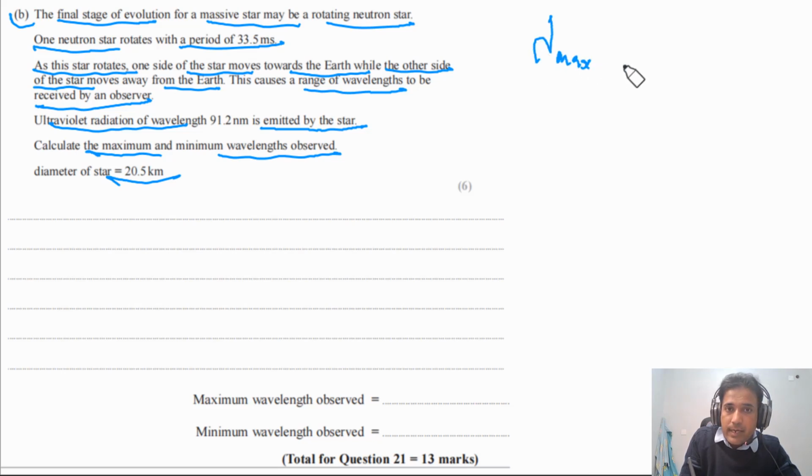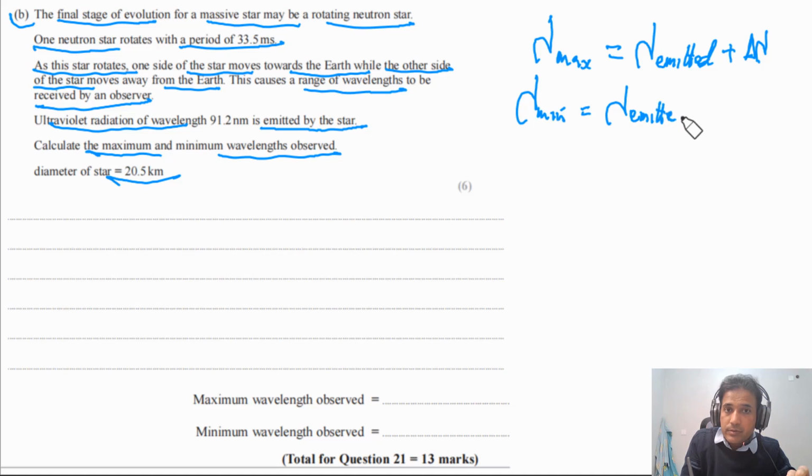Lambda max will be equal to the lambda emitted plus the redshift, which means the Doppler shift, delta lambda. And how about lambda minimum? Lambda minimum will be equal to the lambda emitted minus delta lambda. So this is the blue shift and this is the red shift.